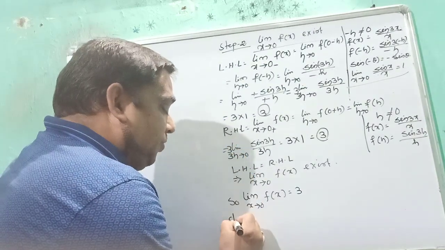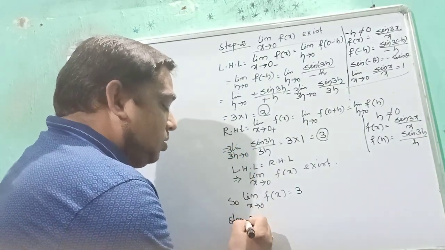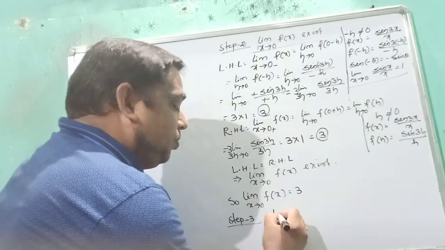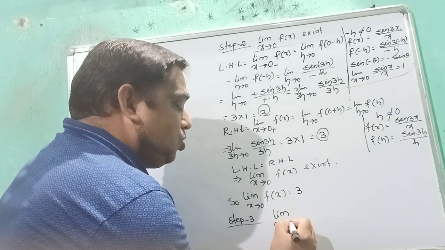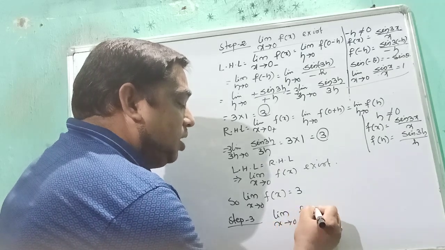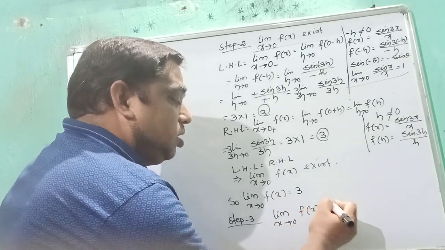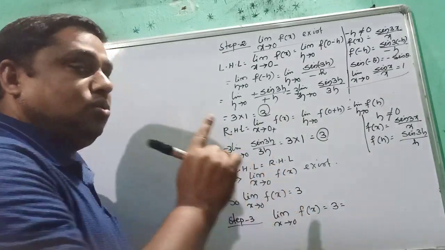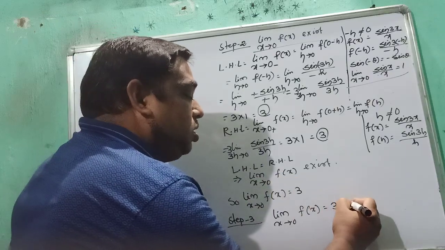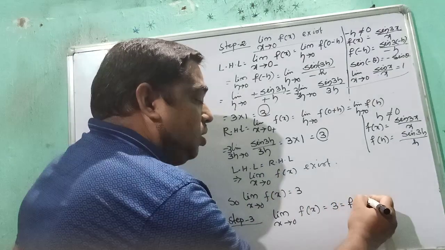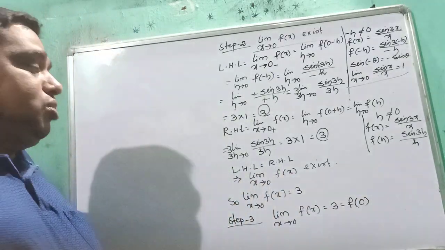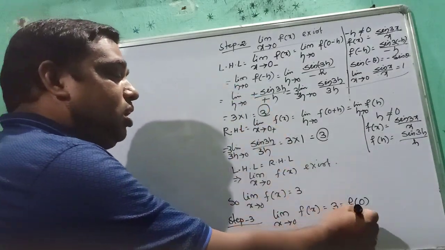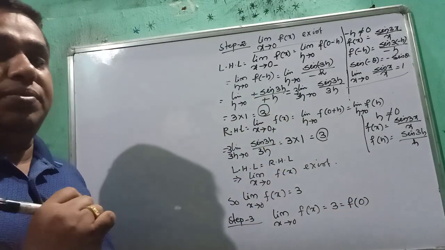Now we go to step 3, the third condition. The limit x tends to 0 of f(x) is equal to 3, and in step 1 we already know that f of 0 is equal to 3, which is equal to f of 0. Here all 3 conditions are satisfied.